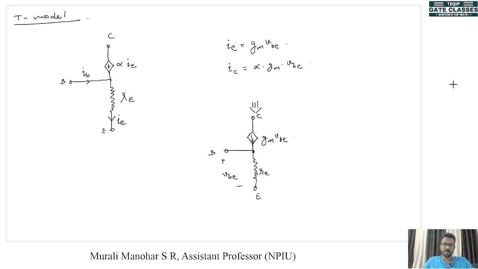Now we are in a position to carry out the small signal analysis of a BJT amplifier. Before getting into that, we need to prepare our amplifier circuit so that we can apply our equivalent circuit. Let's say we have an amplifier.